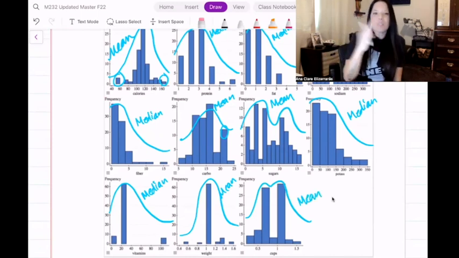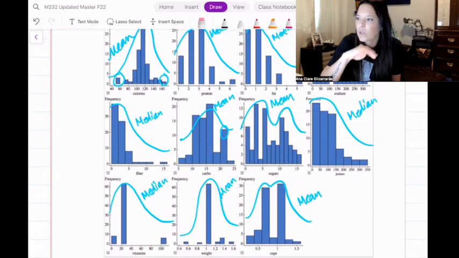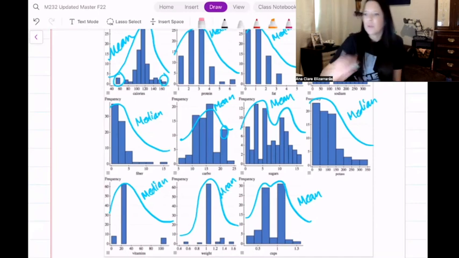Even though there's a little bit of a dip, I don't think that they're far enough apart to be considered that different. For part A, you would say the medians, which are the proteins, the fat, the sodium, the fiber, the potassium, the vitamins, and then for part B, you would list the means that I had just said.